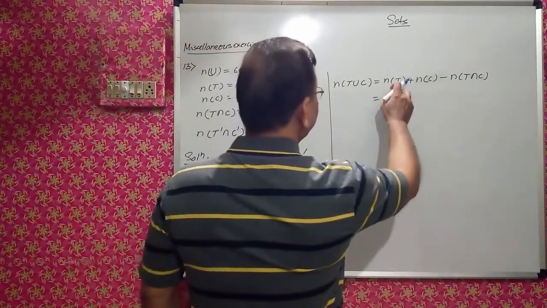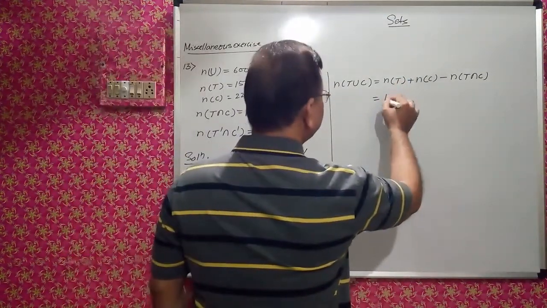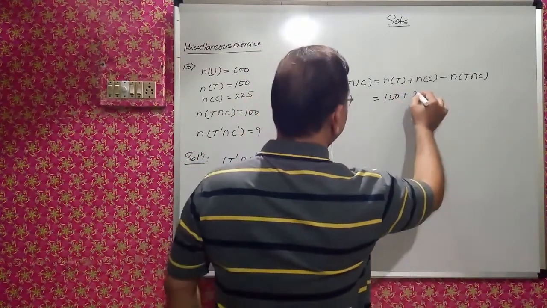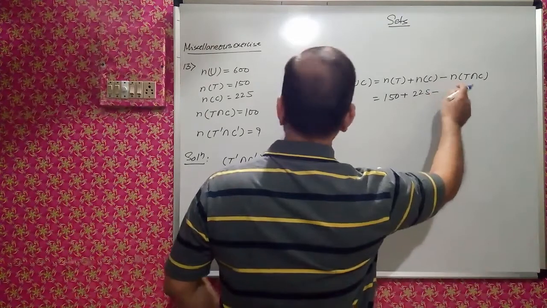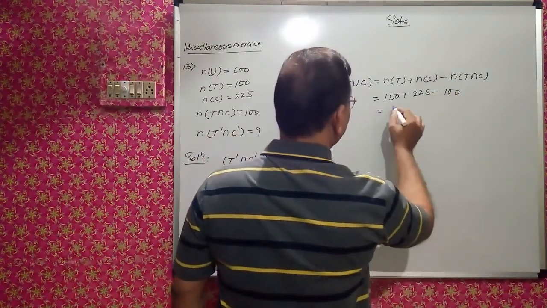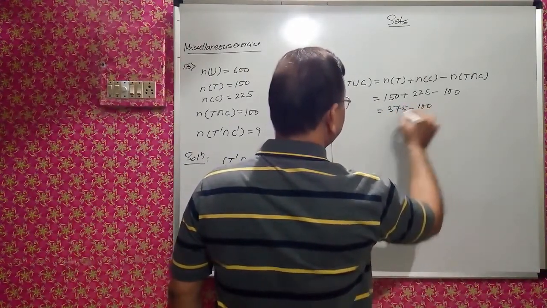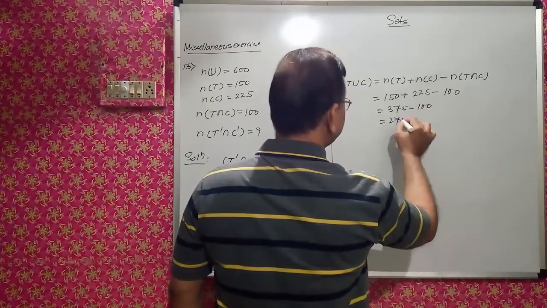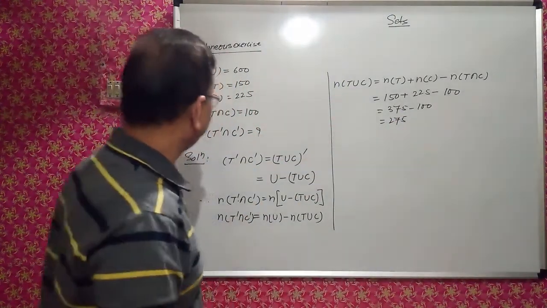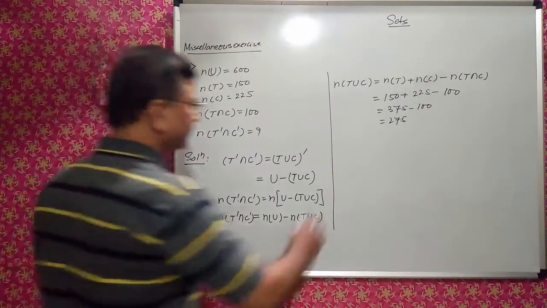So therefore, N(T) is known, that is 150, plus N(C) is known, that is 225, minus N(T intersection C), which is 100. So that is equal to how much? That is 375 minus 100, which is equal to 275. Means N(T union C) is known and N(U) is known, so we can find this quantity.